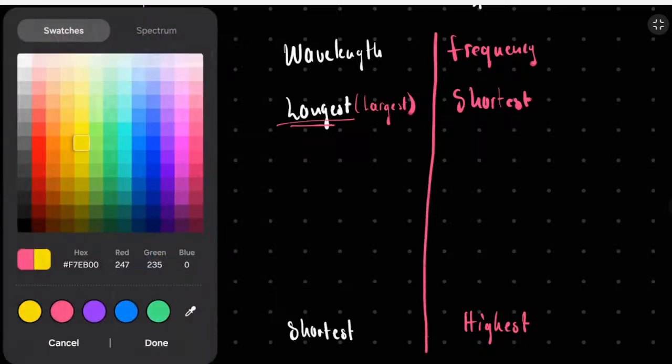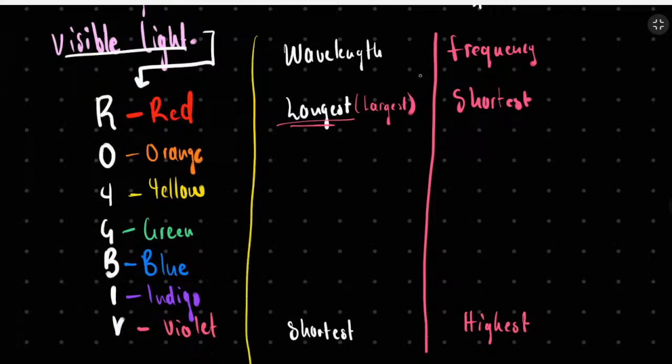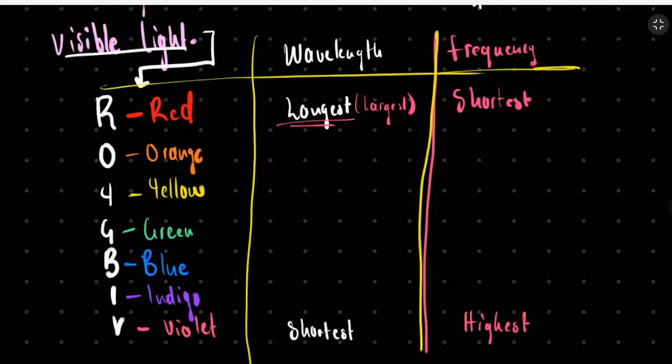Are we together, students? Shortest wavelength, then highest frequency. Red, in terms of frequency, is rubbish. It has low frequency. But in terms of wavelength, it's the guy. So what does that translate to?